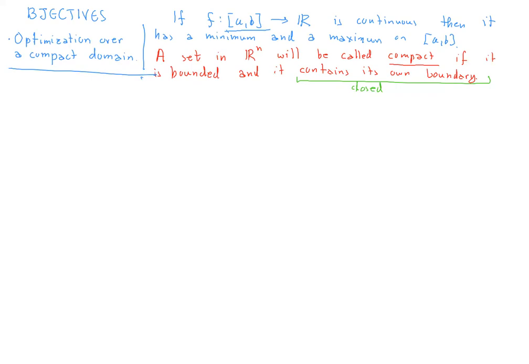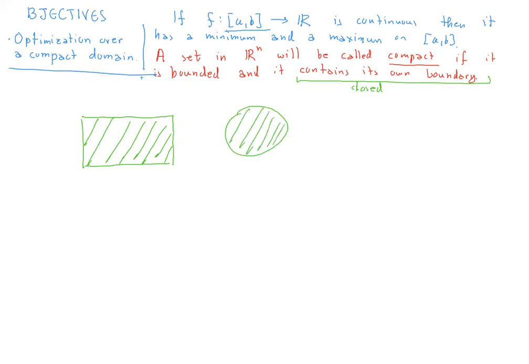So in any case, I was saying that if we want a set to contain its own boundary, let's mark it in this way with a solid boundary. So that could be a compact set, for example, one that contains its own boundary: a disk in 2 dimensions, a triangle, even a line segment.